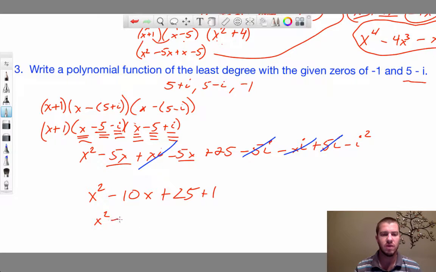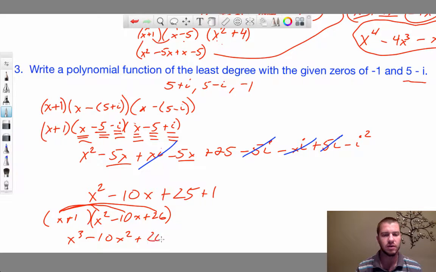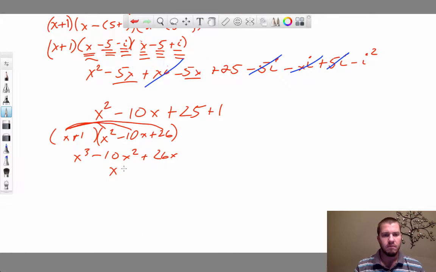So I have x squared minus 10x plus 26, and now that's going to be multiplied still with x plus 1. So I have x to the third. Now that I'm distributing this x to each of them, x to the third minus 10x squared plus 26x, positive x squared minus 10x plus 26.